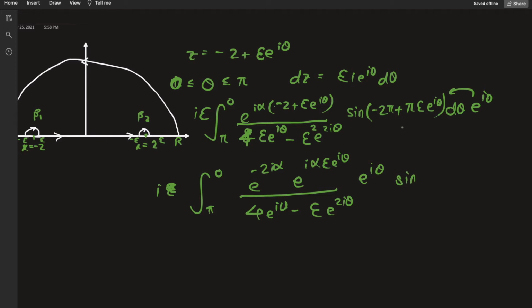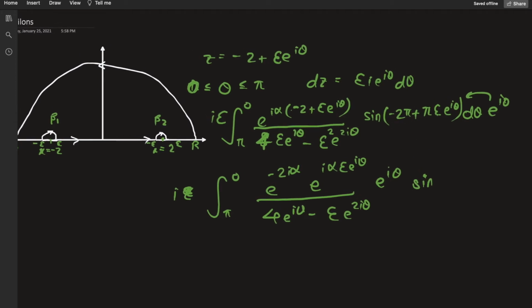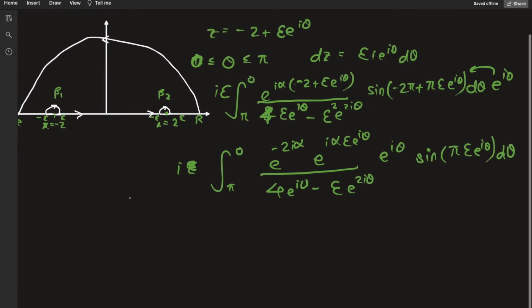Sine can be reduced using the fact that 2 pi acts as 0 in the periodicity of the sine. So pi epsilon e to the I theta d theta, that's beta 1 actually. I can divide by epsilon.